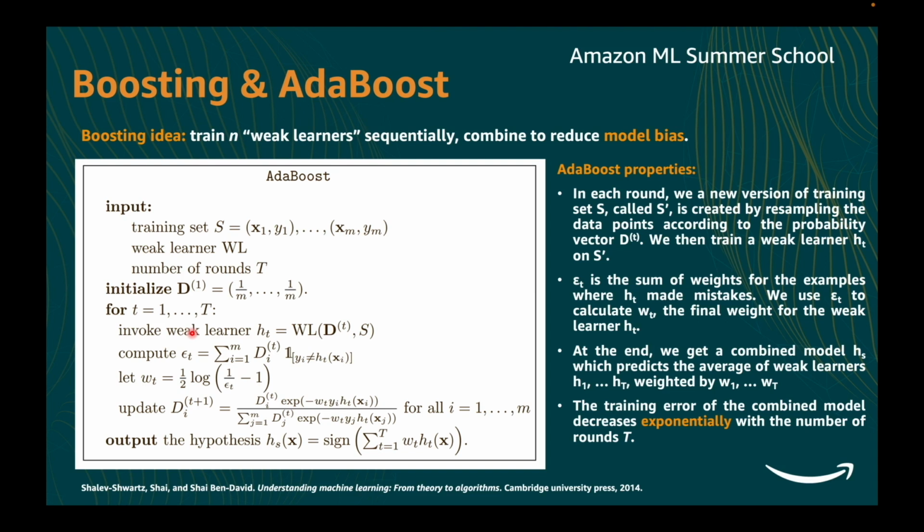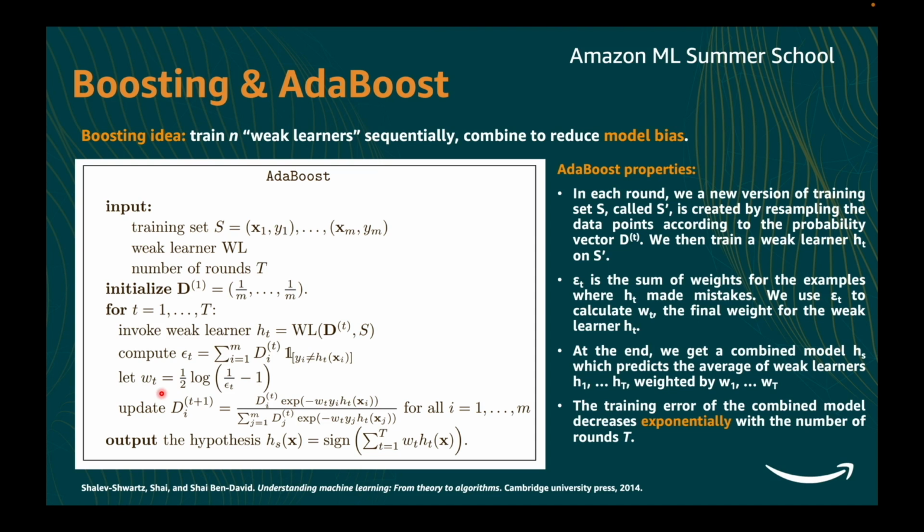But typically, the idea is that your weak learning algorithm WL is going to create something which is not perfect, but it's not absolutely terrible also, right? Now once you've got this error term, use that to calculate the weight of your classifier h_t, which is calculated using this formula. So that is w_t, the weight of the classifier in the final combined model, right?